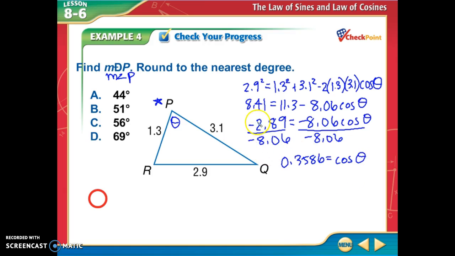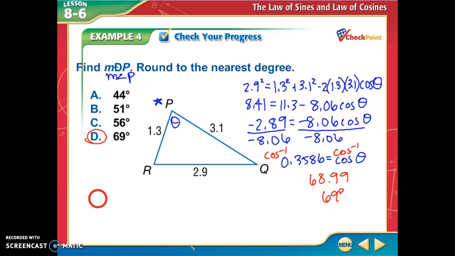Again, you don't even have to plug this in, right? We could leave it as 2.89 over 8.06, right? But if I plug it in, to get rid of this cosine, I've got to use inverse trig, right? So I'm going to take inverse cosine of both sides, right? So when I take an inverse cosine of both sides, I get 68.99, which rounds to 69 degrees. Answer choice D.